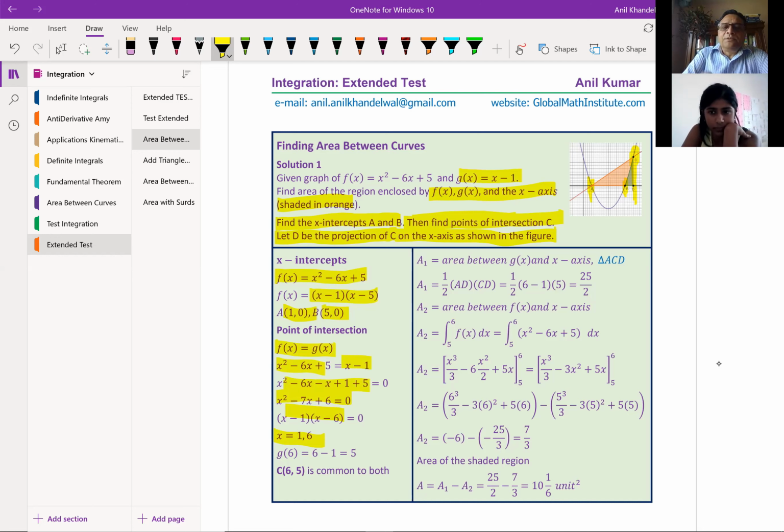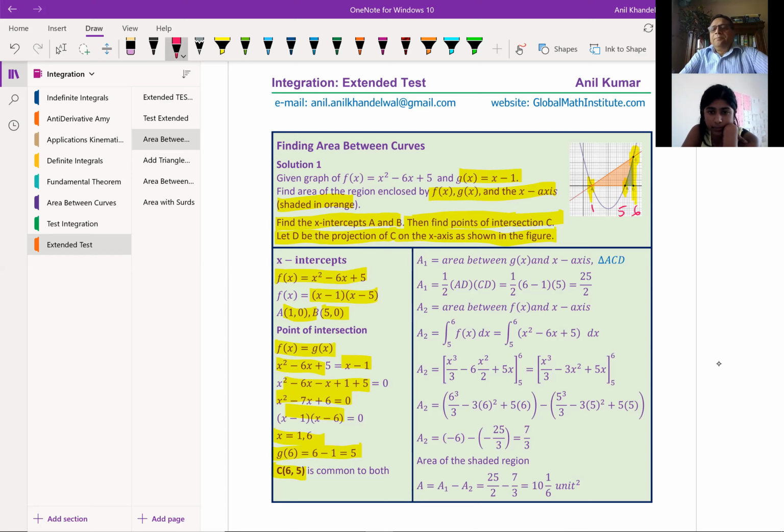It is much simpler. So when you substitute, 6 minus 1 is 5 for you. So you get the coordinates for point C, which is 6, 5. Clear? 6, 5 means the x value here is 6. So we got all the important values. So we have one value which is 1 here, the other one is 5, and this is 6, correct?